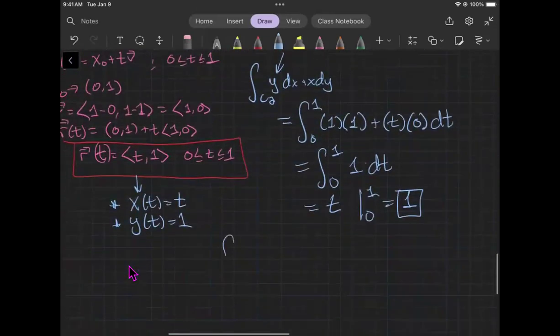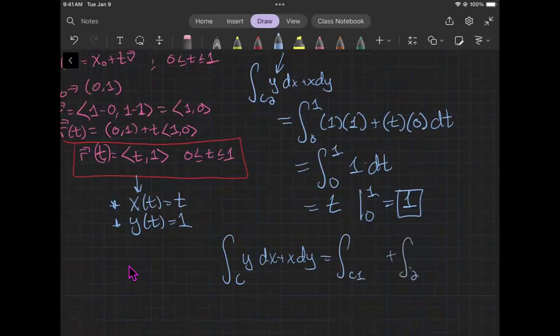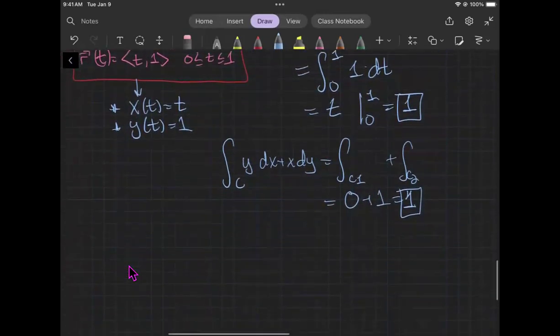So the whole line integral of the function y dx plus x dy equals the line integral of C1 plus the line integral of C2, which is 0 plus 1, which is 1. Okay? Hopefully that made sense.